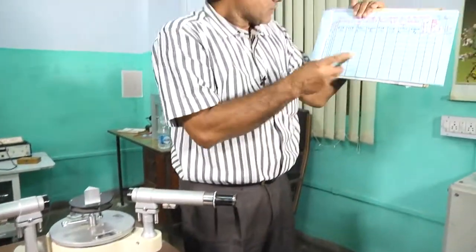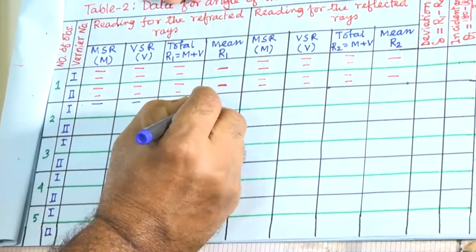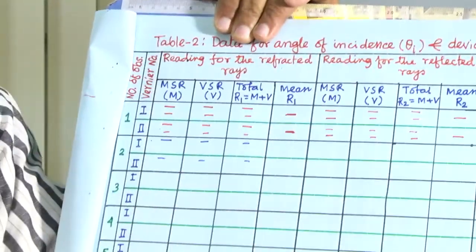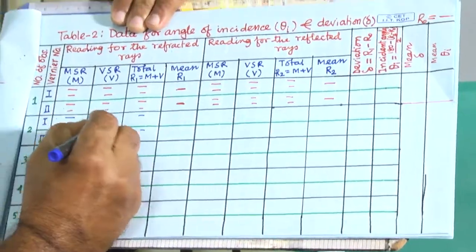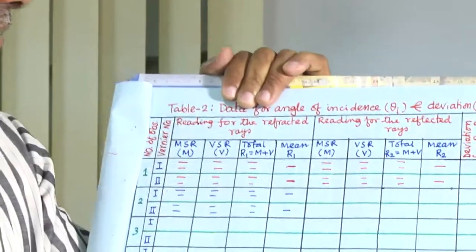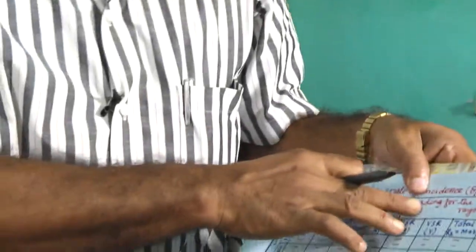Take the reading for vernier 1 and vernier 2. Again take the second time. Repeat. Then I have to go for the reading for the reflected rays.